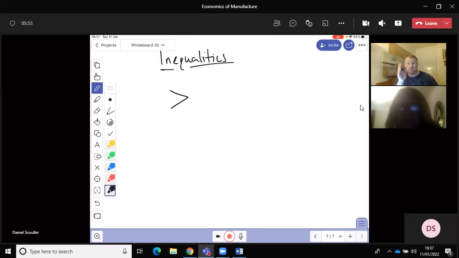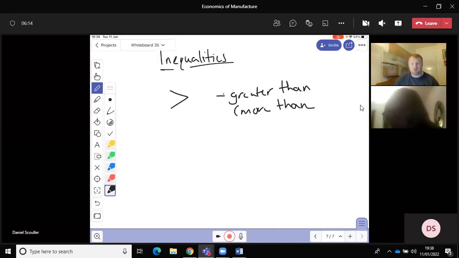So if a triangle is pointing from left to right, the point is going towards the right, it means the number is greater than. Or you can say more than. Remember that symbol's been used in place of an equals.